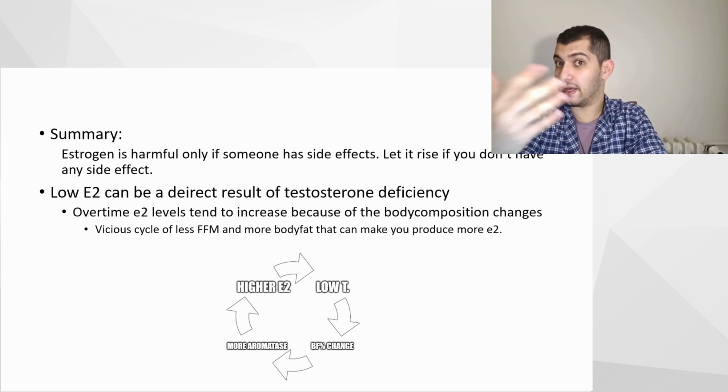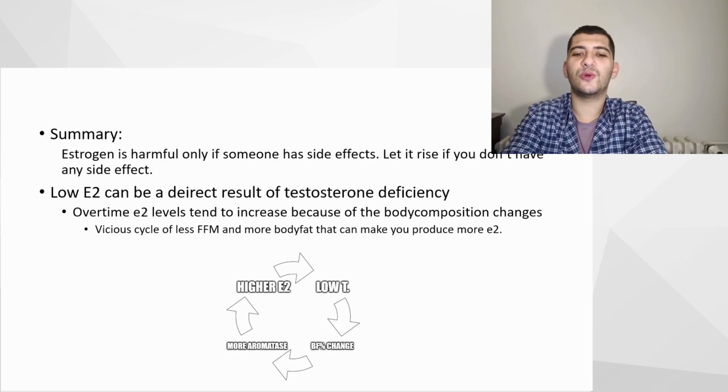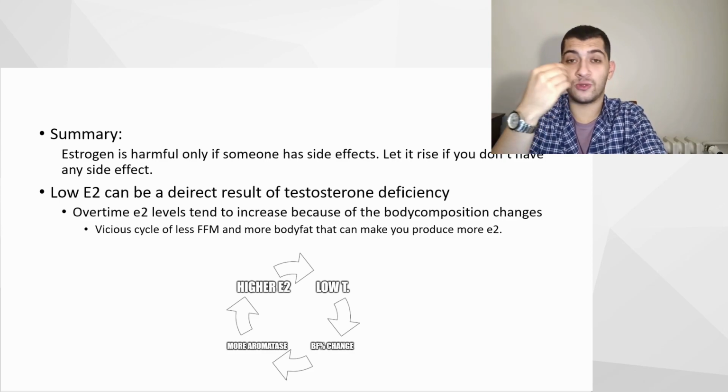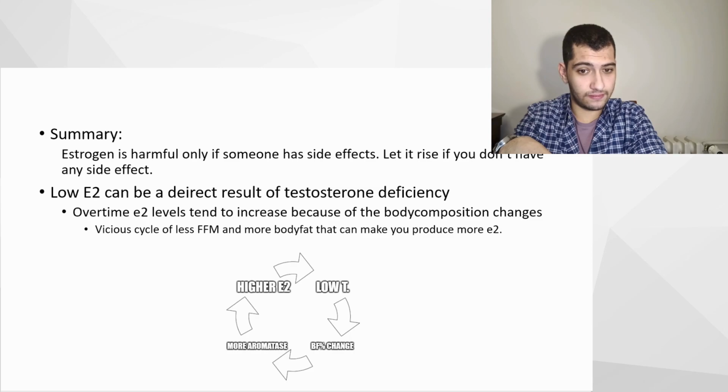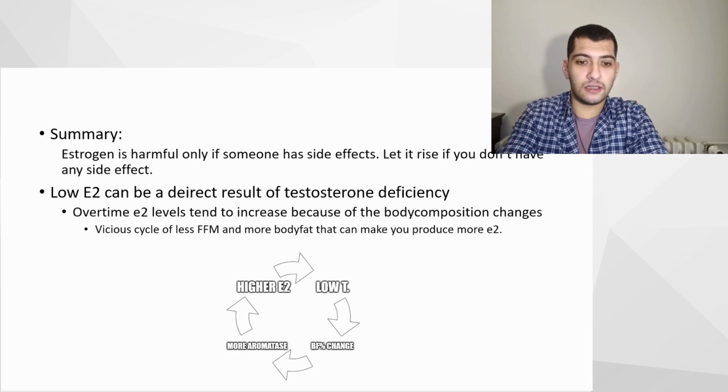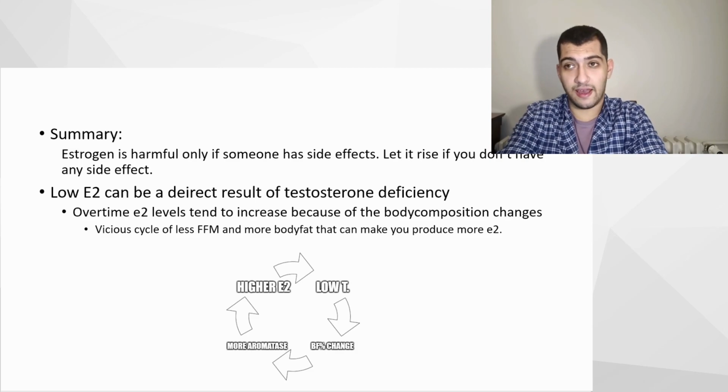And over time, estradiol levels tend to rise because of the body composition changes. As you can see, there is a vicious cycle of testosterone deficiency. The less fat-free mass they have, the less muscle they have, which means more body fat, and they can produce more estradiol.